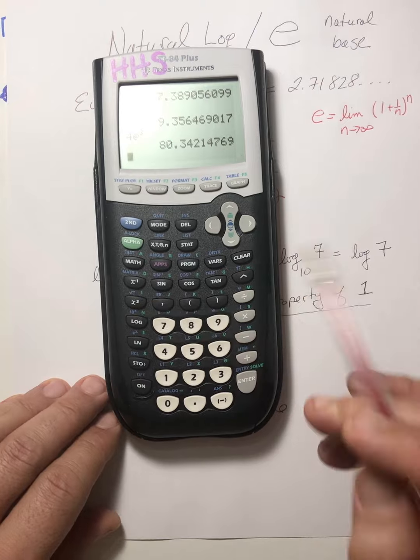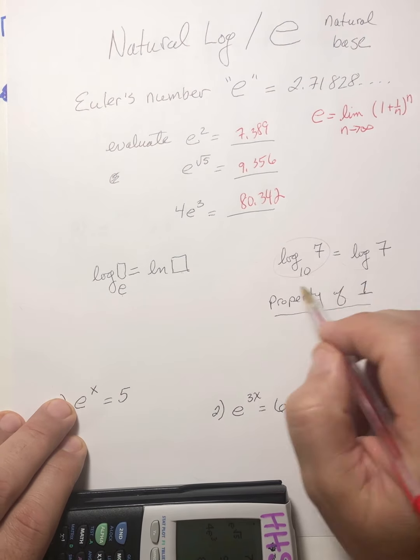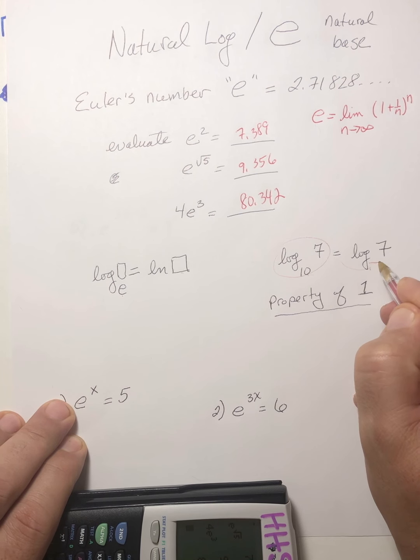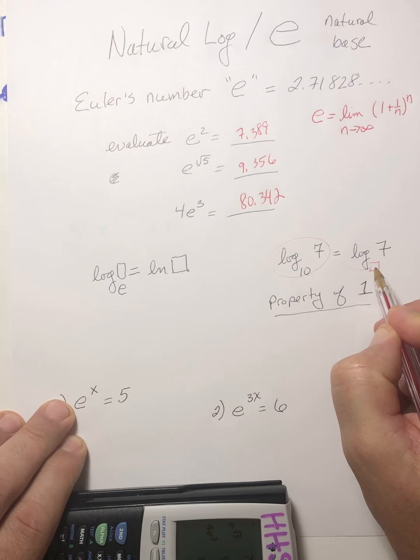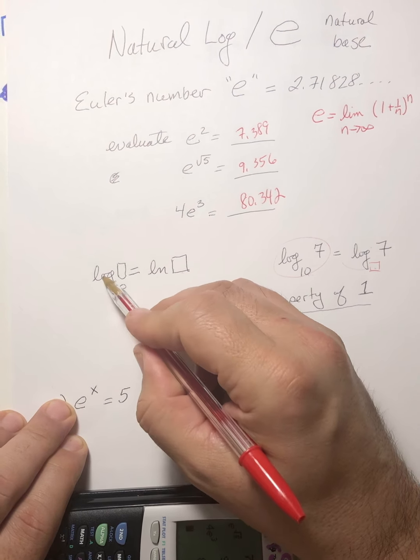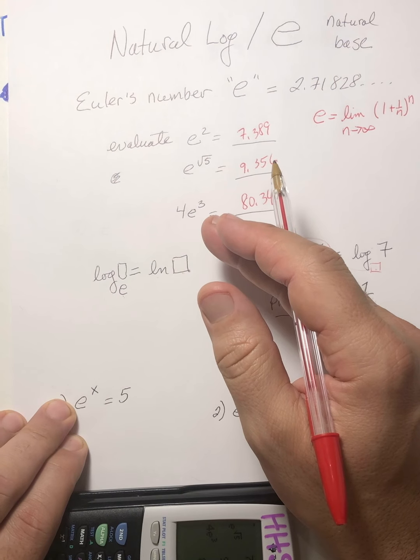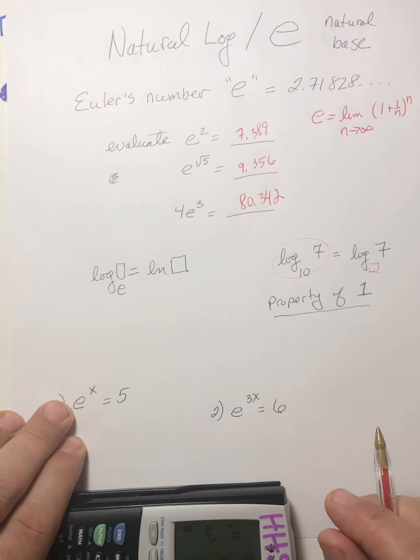So this and this are the same thing. When we don't see a log base showing, that is base 10. ln is always log base e. That's just how it goes.